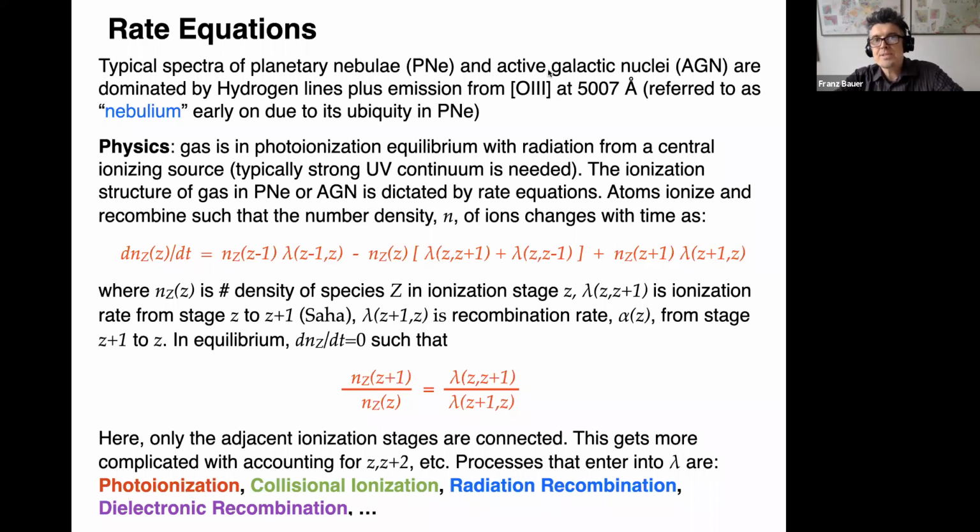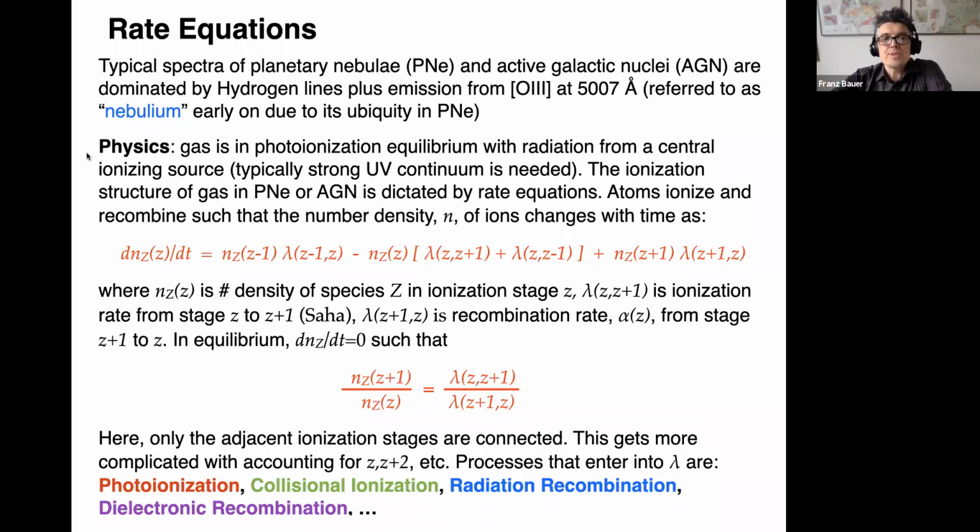In particular, this line, oxygen 3 at 5,007 angstrom, was initially referred to as nebulium. It was mostly associated with planetary nebulae in the early days, so it was something that was only seen there, not something necessarily seen on Earth. So that's kind of the perspective.